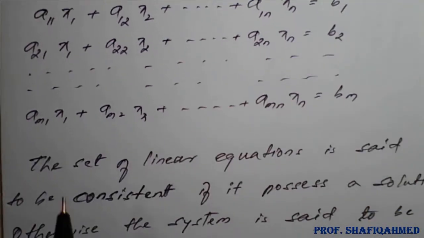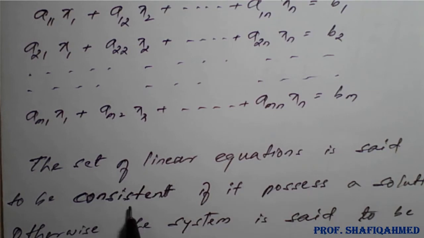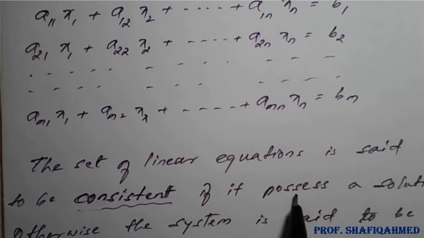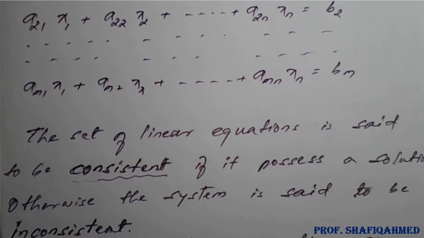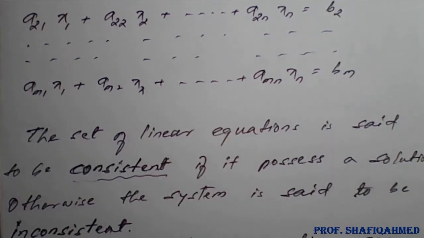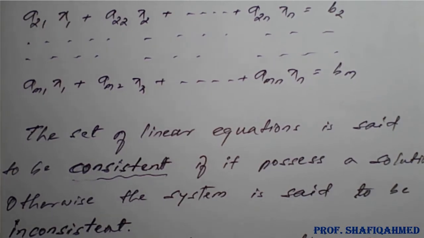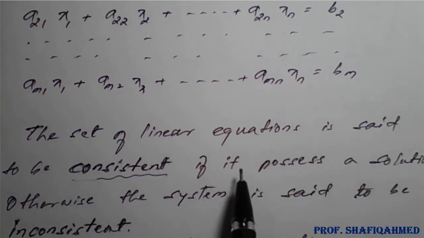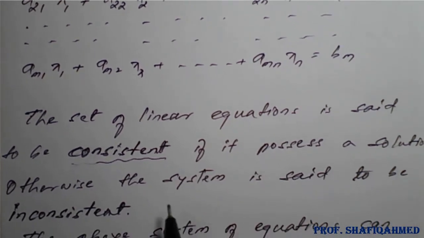Then the set of linear equations is said to be consistent if it possesses a solution. That means if we get values of the variables x1, x2, so on xn, then we call such a system of equations consistent. Otherwise, the system of equations is said to be inconsistent.